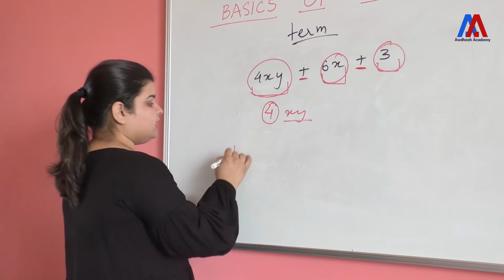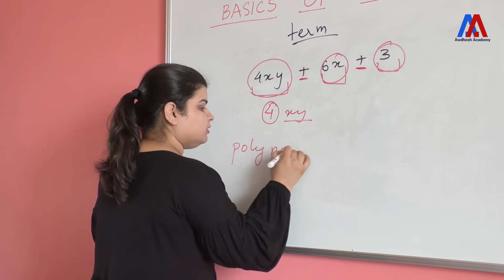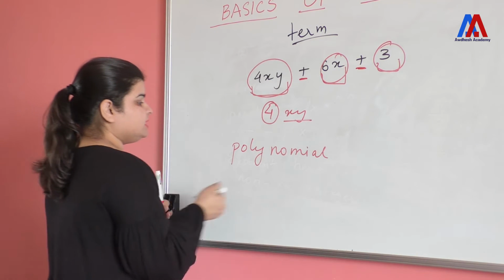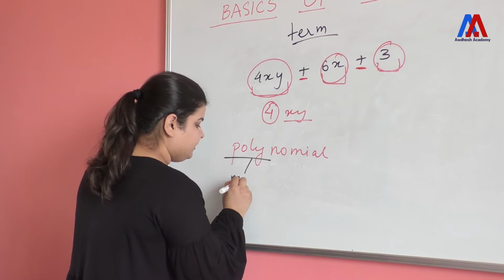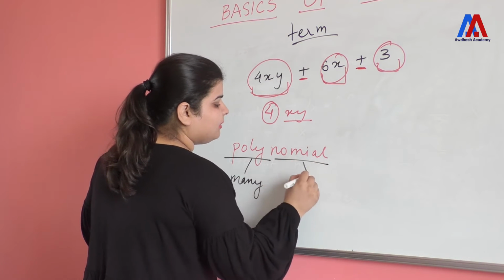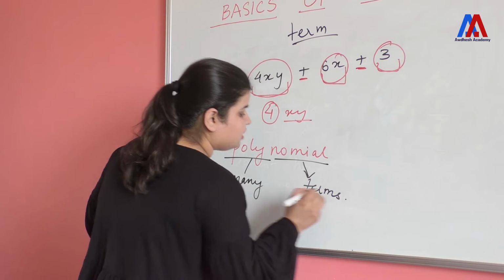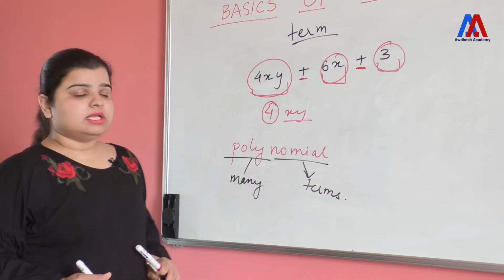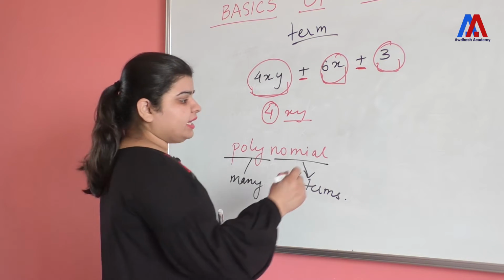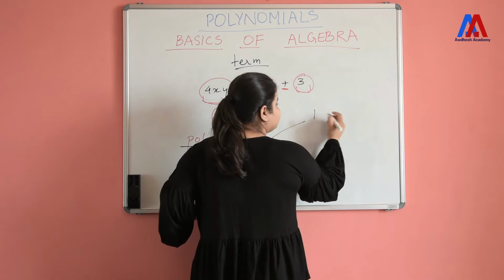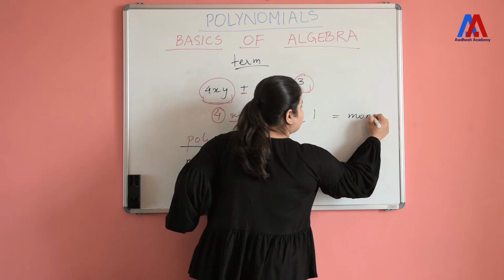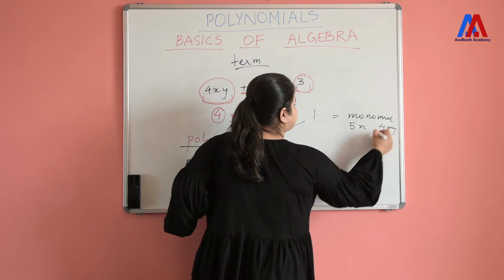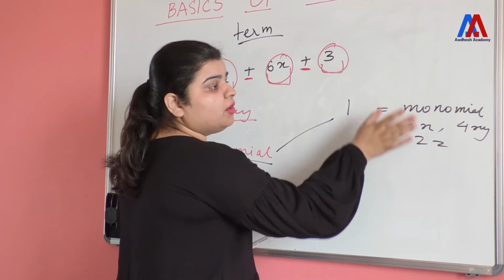Now polynomial is comprised of two words, that is poly, which means many, and nomial means terms. So basically a polynomial is something which has many terms. Now many means what? How many? So if it has one term it would be called a monomial, like for example 5x, 4xy, 2z, all these are monomials.